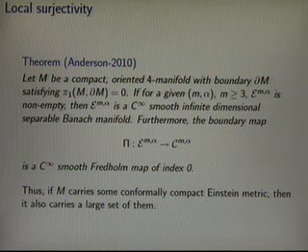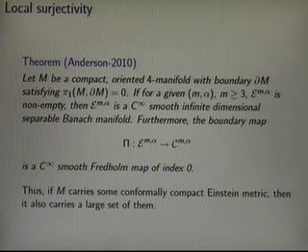Sorry, I should put M bar here, not M. So there is this topological condition here. It's just saying that the loops that are non-trivial in M come from non-trivial loops on the boundary. So he showed that if this space is non-empty, then it in fact has to be a Banach manifold.